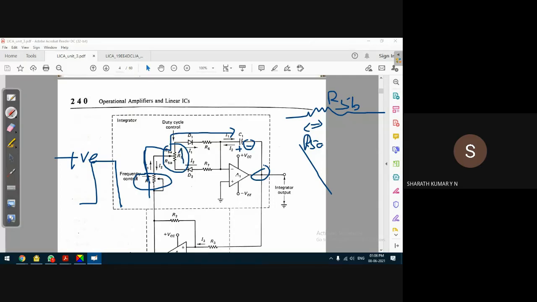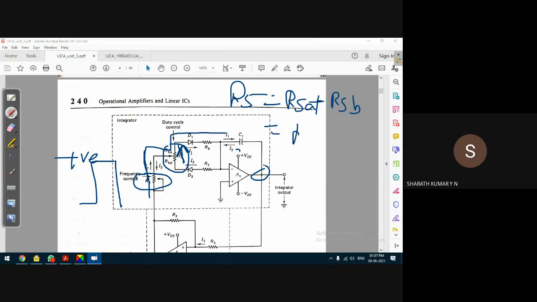If R5 is towards its upper end, then R5A is more and R5B is less.